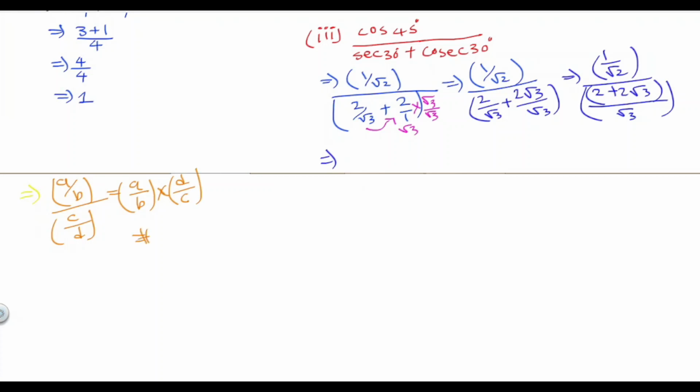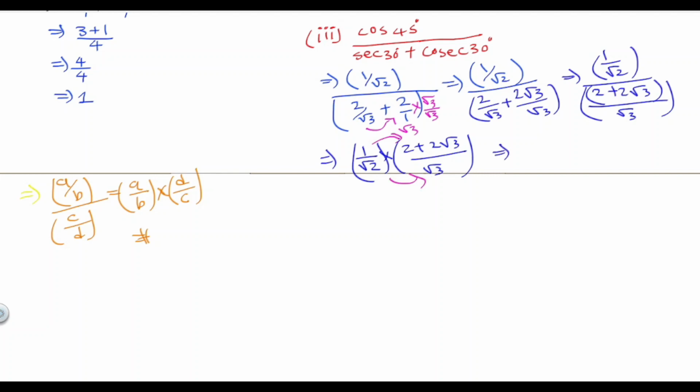So similarly, we can write here 1 by root 2 multiplied by 2 plus 2 root 3 divided by root 3. Okay, now just multiply numerator to numerator and denominator to denominator, and we get the value which we needed.